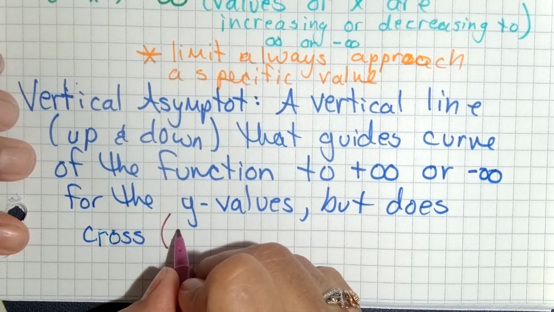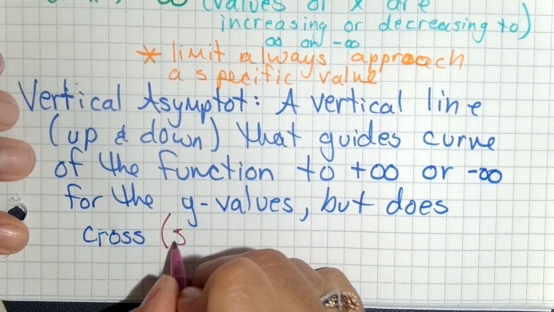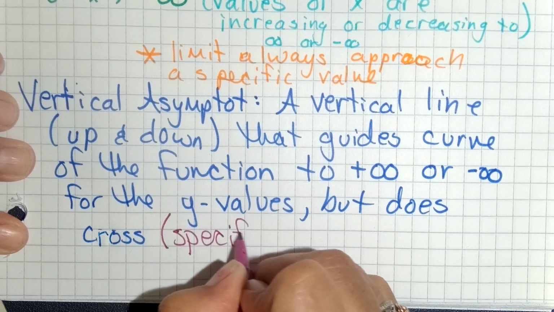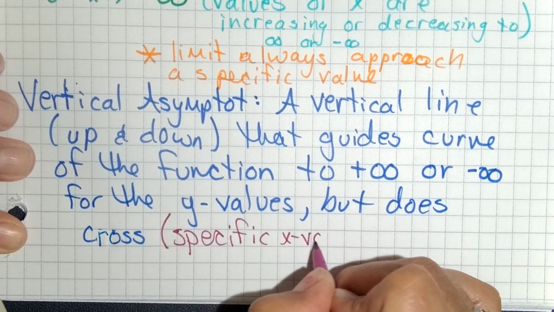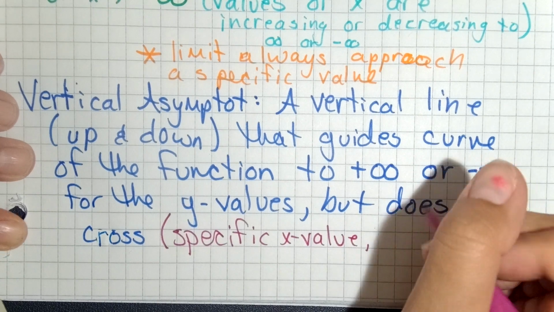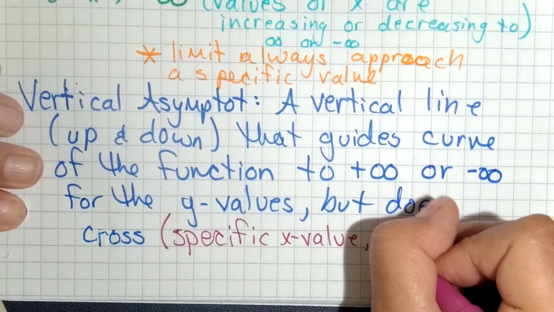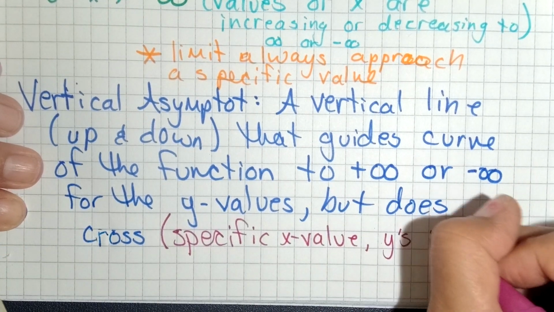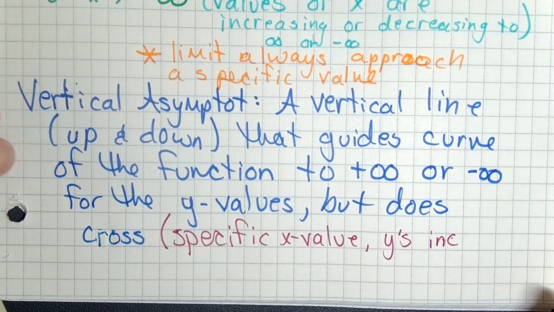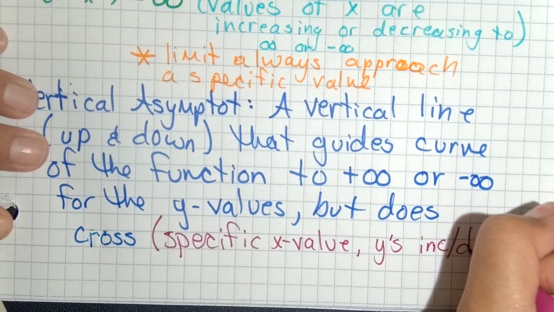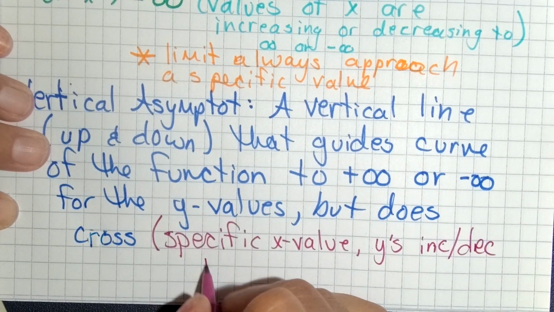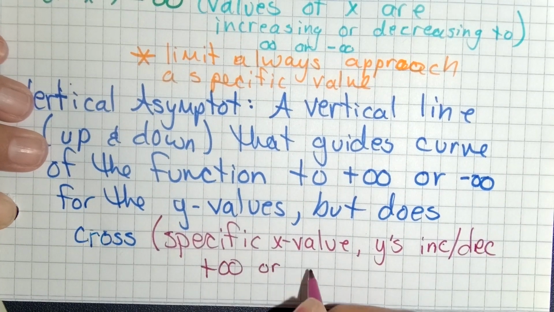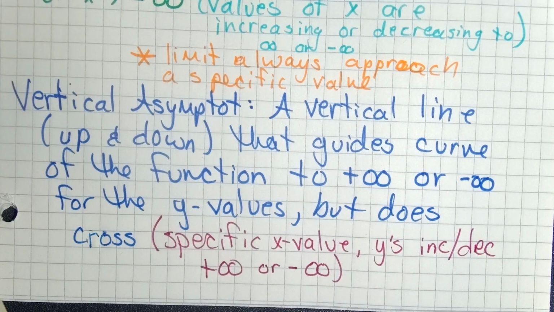So for this, we have a specific x value. But the y's now are increasing. I'm going to abbreviate because I'm running out of space. Increasing or decreasing to positive infinity or negative infinity.